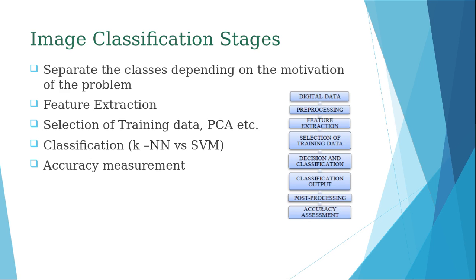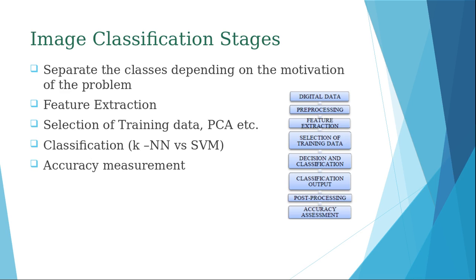In this slide, I have presented the image classification stages. The first and foremost step is to separate the classes depending on the motivation of the problem. So in this project, I have used Caltech 101 dataset, and each and every image in the dataset is classified according to the class.